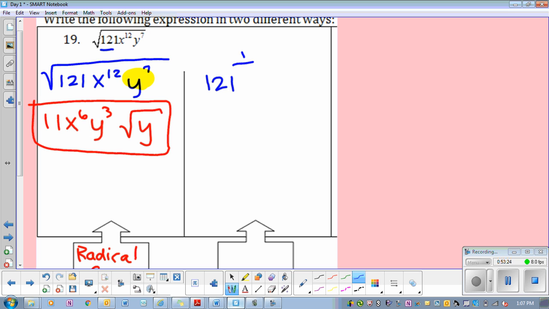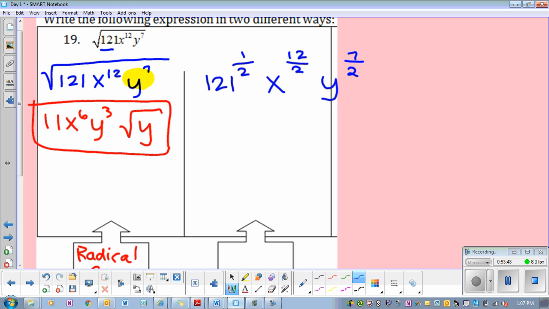Power over, what's the root? 2. And then x to the, what's the power on the x? What's the root? And then y. What's the power? Over a root. Okay? Write it like that, and then see if you can simplify it even more.